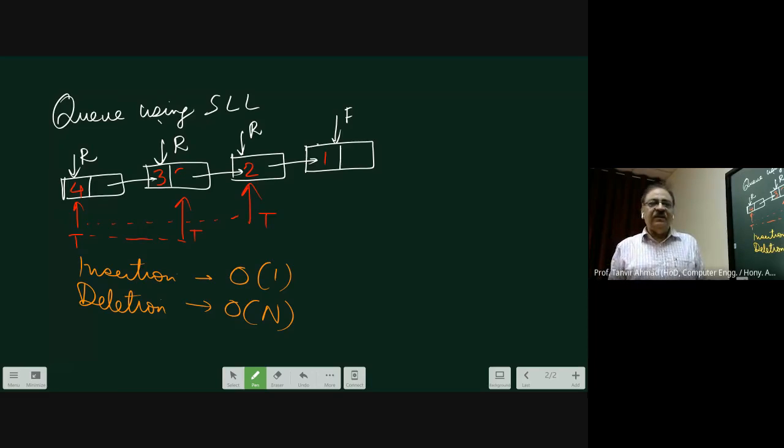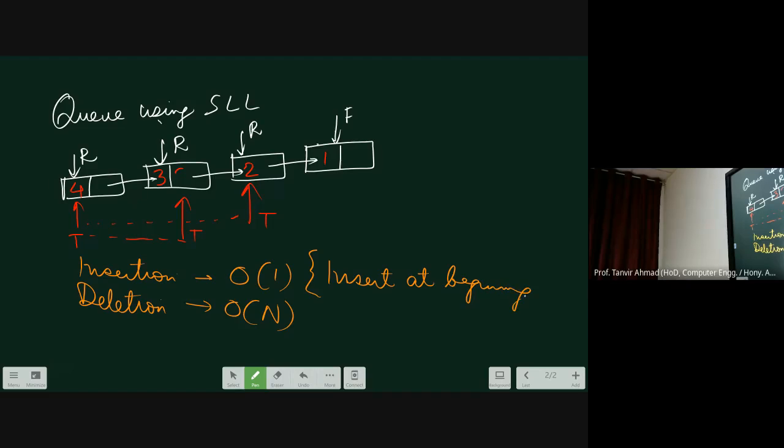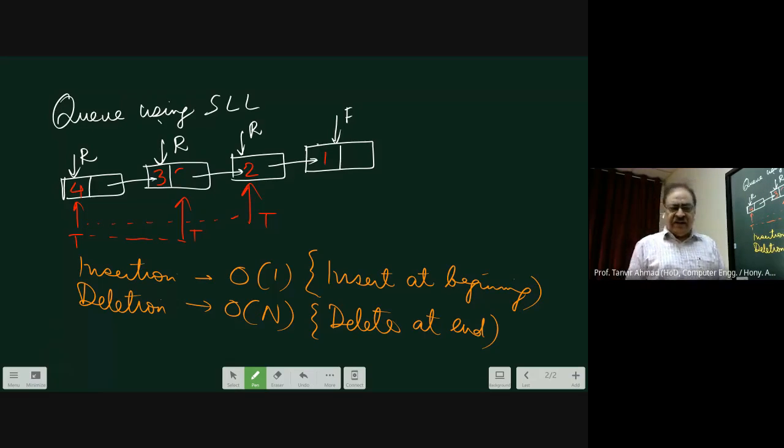Insertion is nothing but insert at beginning. Now here you are going to call the algorithm insert at beginning. This is nothing but delete at end. And you know that delete at end takes order of n times and insert at beginning takes order of 1 time.